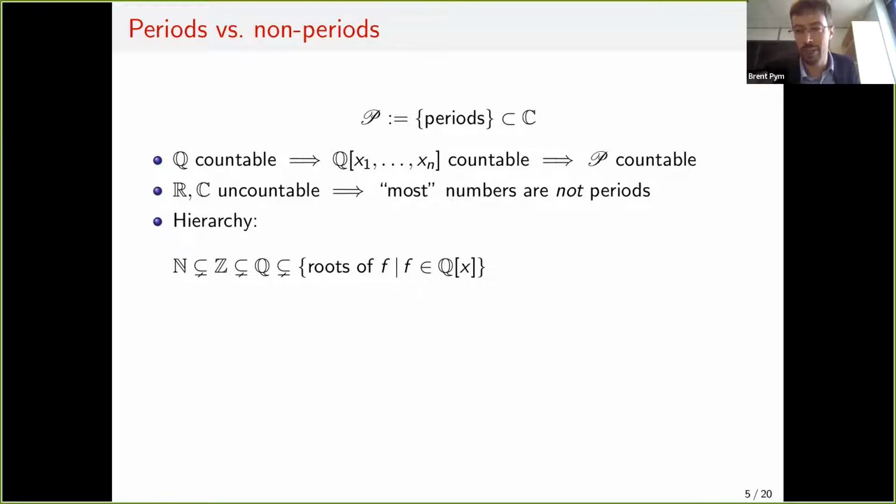And arguing similarly to what we did for root a on the previous slide, you can show that the root of any rational polynomial is a period. So these all sit inside the set of periods. But there are numbers here which are not such algebraic numbers. So pi, for instance, is a period, which is not the root of any rational polynomial.